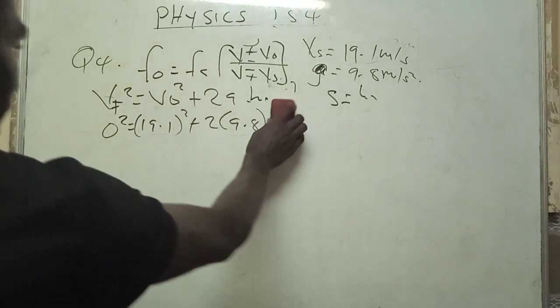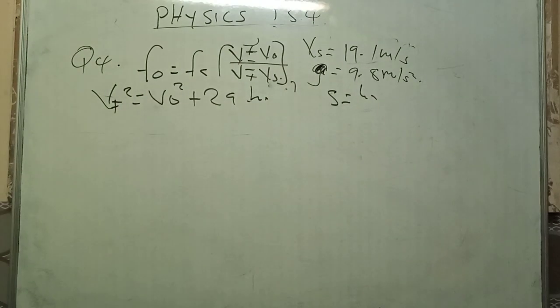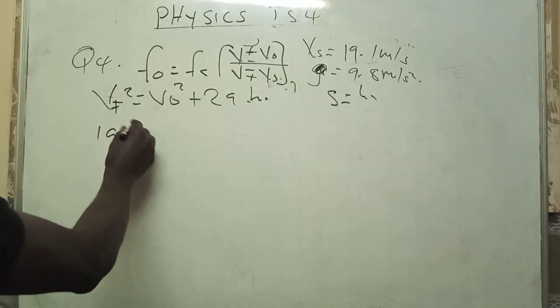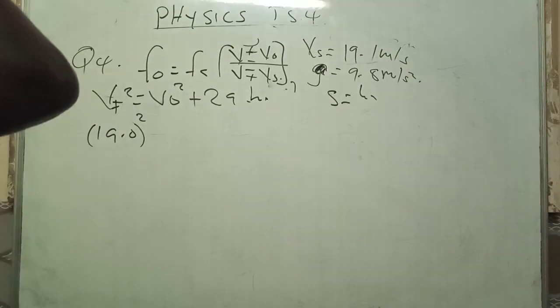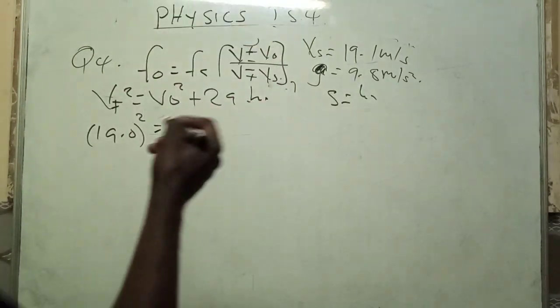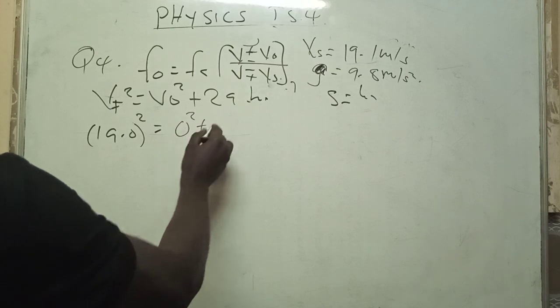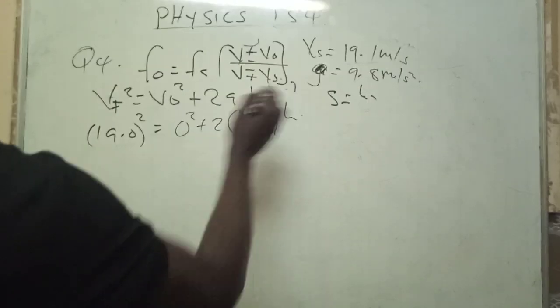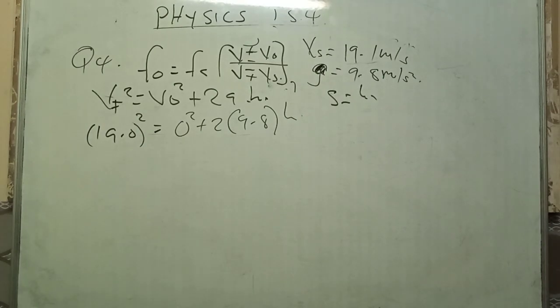So if I take it in that way, my final velocity is 19.1 squared is equal to, since it was going down, my g is going to be positive, 0 squared plus 2 times 9.8 h. I get that one. What am I getting when I square that guy? I'm getting 364.81.